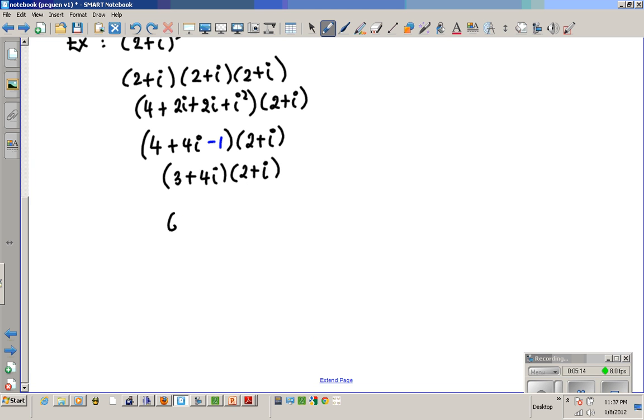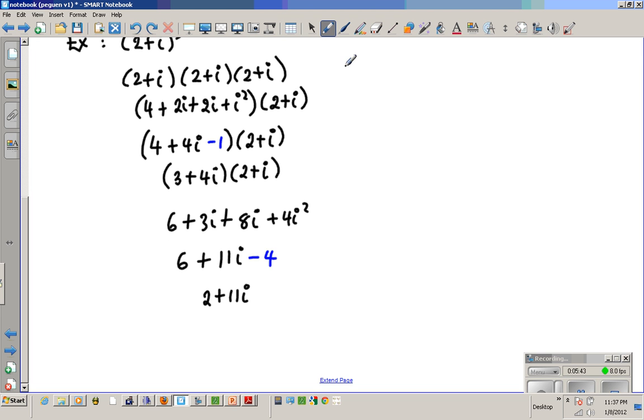Foil it out, you're going to get 6 plus 3i plus 8i plus 4i squared. Then 6 plus 3 plus 8, 11i. And we know i squared is negative 1, so it tends to flip the sign, so it's going to become negative 4. We combine the 6 and the 4, you get 2 plus 11i.